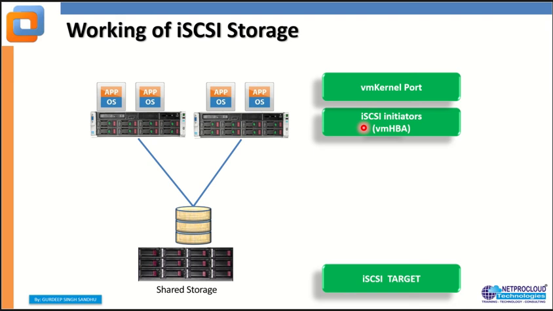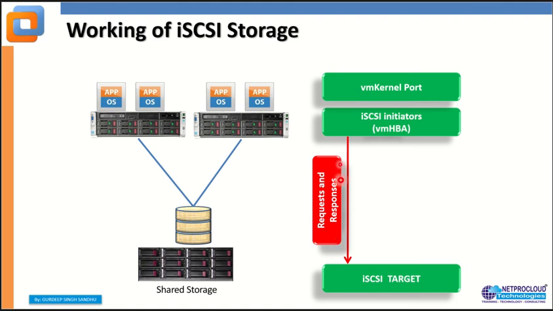On the ESXi boxes I have the iSCSI initiator, which is my HBA adapter, created in the VMkernel. Basically we create a VMkernel port, and then we map this VMkernel port to the iSCSI initiator, and the iSCSI initiator sends the command to the iSCSI target.